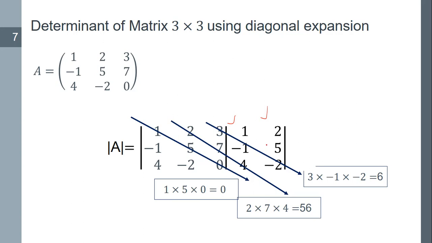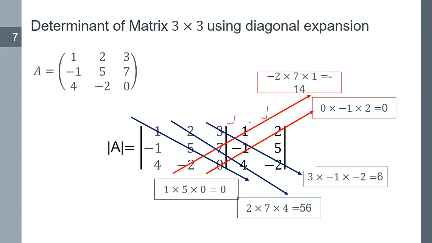And at the same time, don't forget to do the other way, going up. 0 times negative 1 times 2, and negative 2 times 7 times 1 is negative 14, and 4 times 5 times 3 is 60. So now you can see that this one is producing your red color, and the other one is producing the blue color.